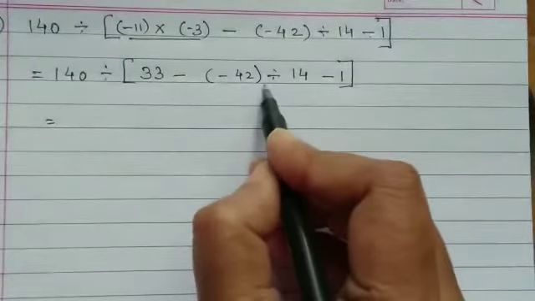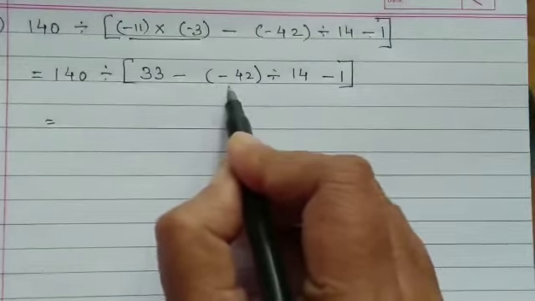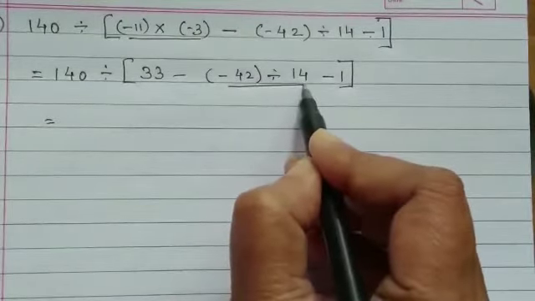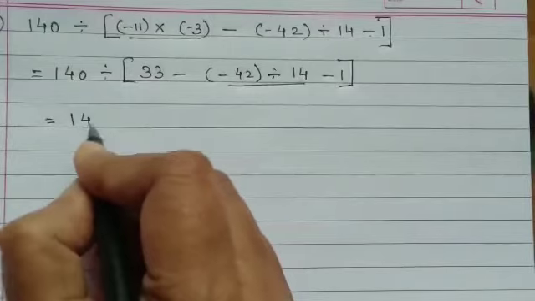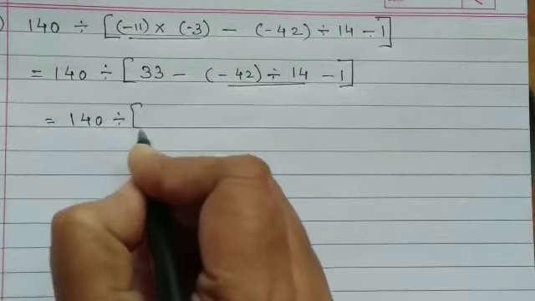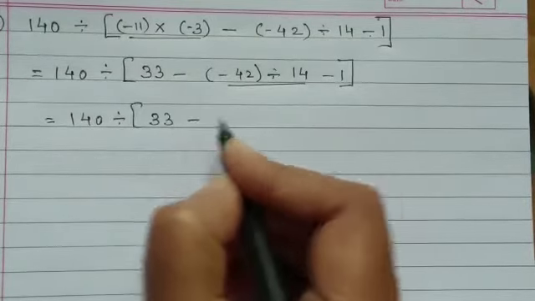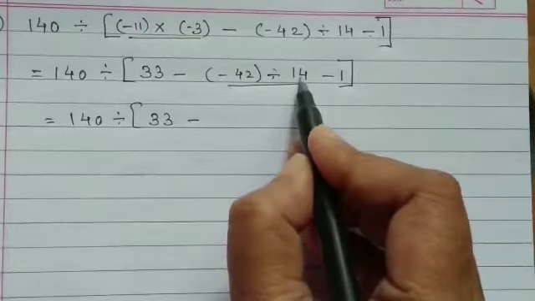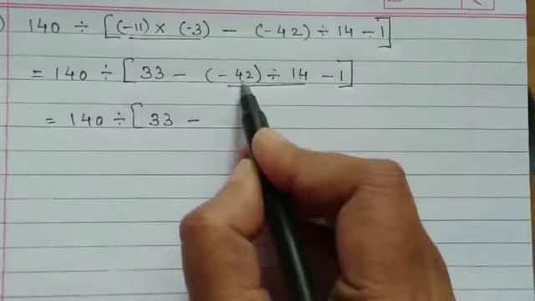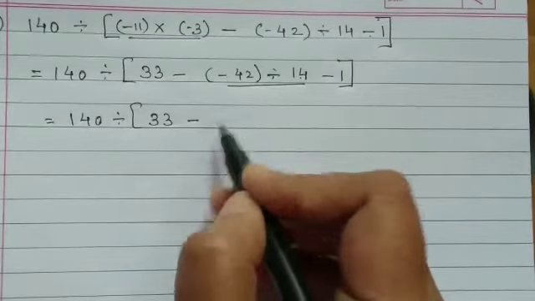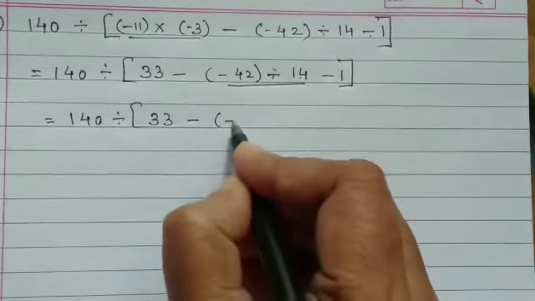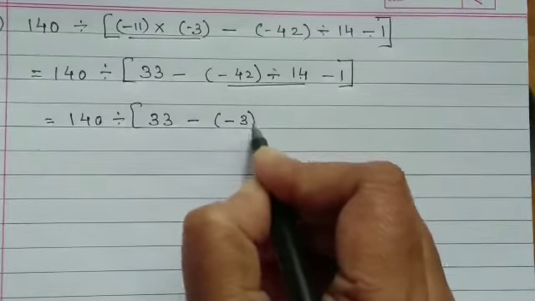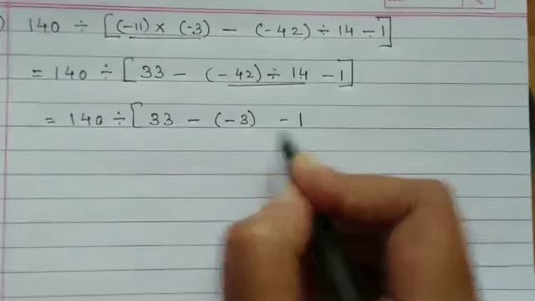Now there is a division here. So we will do this division first. So you get 140 divided by 33 minus 42 divided by 14. Now 14 3s are 42 and you have a minus sign. So you have minus 3 here and minus 1.